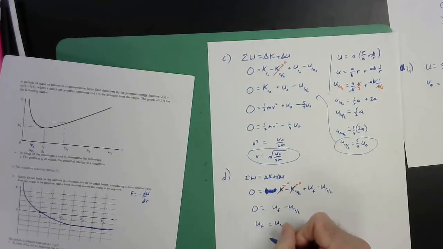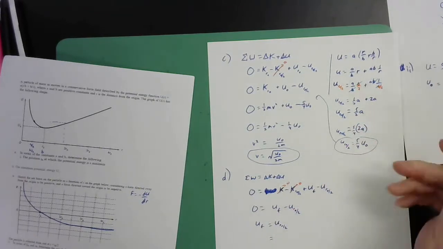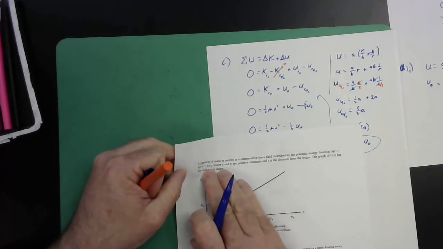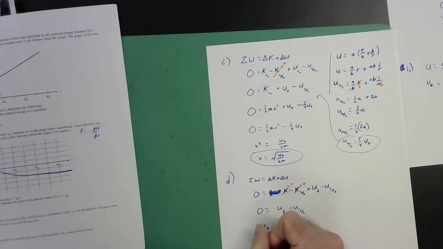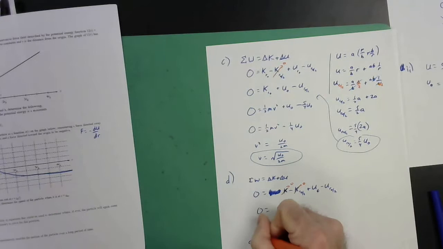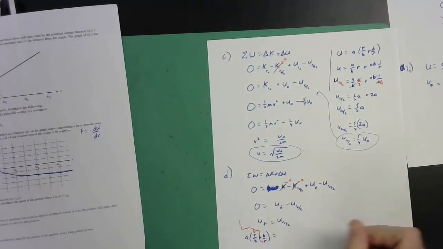And I could start putting in expressions, like that final U is going to be, using my equation, this A times R over B plus B over R business, right? Where this R is the position I'm trying to find, my final position. It would be equal on the other side to the U at R naught over 2.